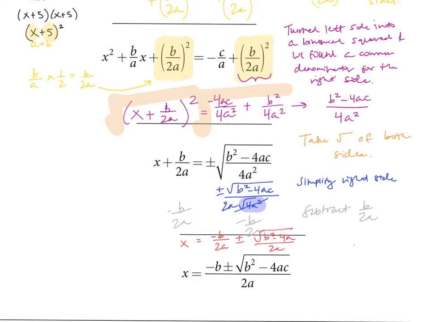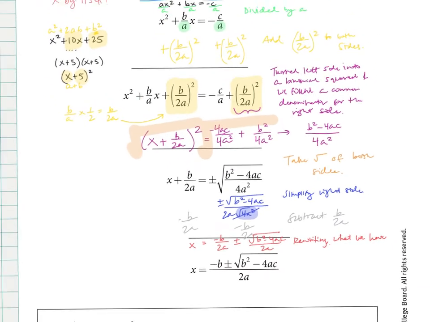So we are rewriting what we have as that next step. And looking at this, they both have the same denominator. So what we could do is put both the negative b and the plus or minus the square root of b squared minus 4a, oop, I forgot the c, 4ac, both over 2a. So that's what we're rewriting here.